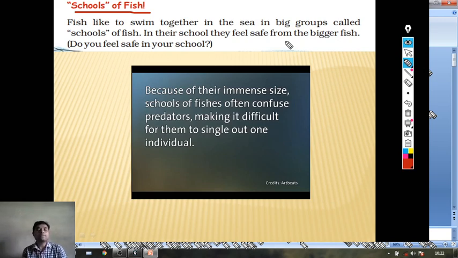So if they move alone in water, they can be attacked by big fish. So if they move in a group, they feel safe from the bigger fish.